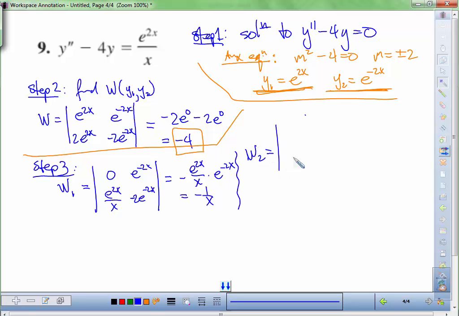So that's W1. And then W2 is going to be the same Wronskian, except the second column is going to change. So this is e to the 2x, 2e to the 2x. The first column for the original W stays the same, and then the second column is going to be 0, and then the function again, e to the 2x over x.